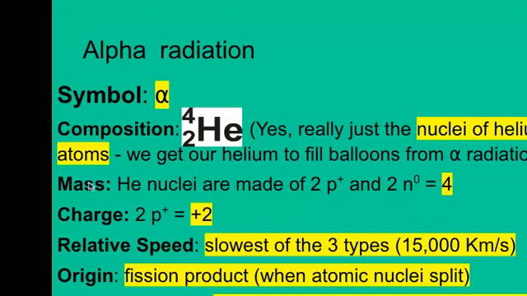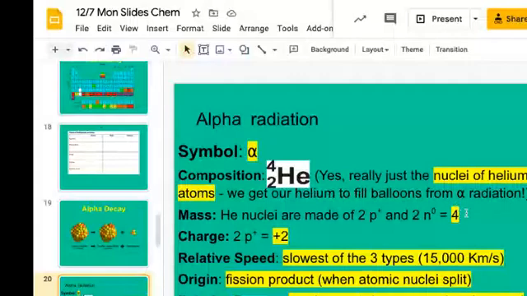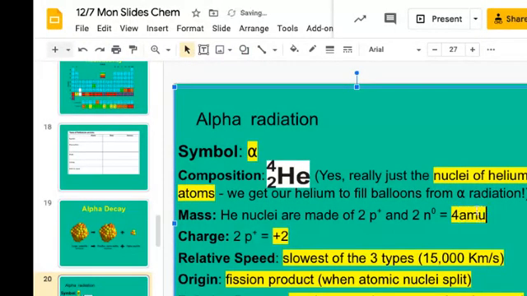What is the mass of the particle that gets shot out from an atom in alpha radiation? Well, helium nuclei are made of 2 protons and 2 neutrons, so when we add them together, our mass is 4. Oh, I forgot to add in 4 AMUs, atomic mass units.